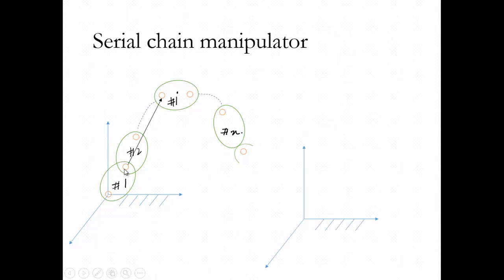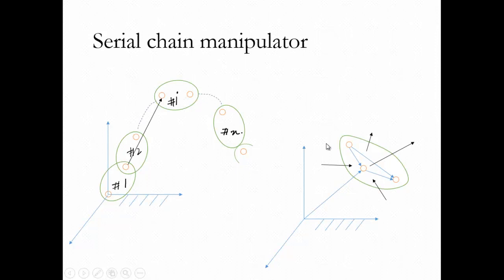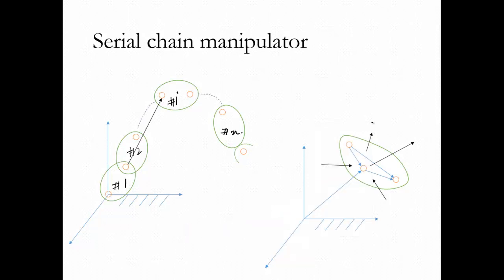If we look at a single link itself, it can be visualized like this. It is under the influence of some linear velocity, it has some angular velocity, and it is under the influence of a force and a moment.